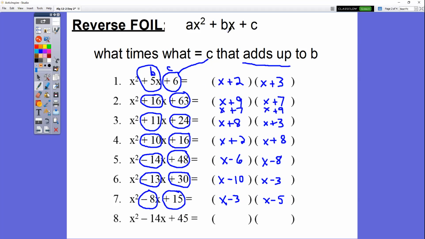Go ahead and try number 8, please. What times what is 45 that adds up to -14? Go ahead and type your answer in the chat.